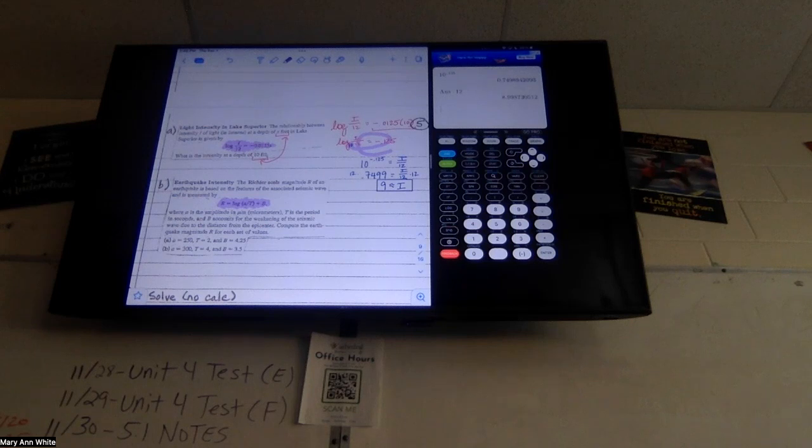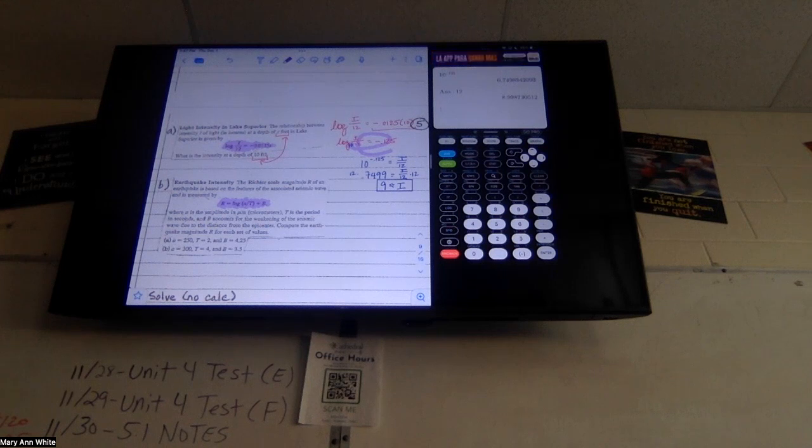We're gonna do a lot more with amplitude and periods when we get to sine and cosine. That's probably a lot of vocab words you've never heard before. We're gonna get to it. But this is in the log section because as you get farther away, the wave changes. And the directions just say compute the earthquake magnitude R for each set of values.